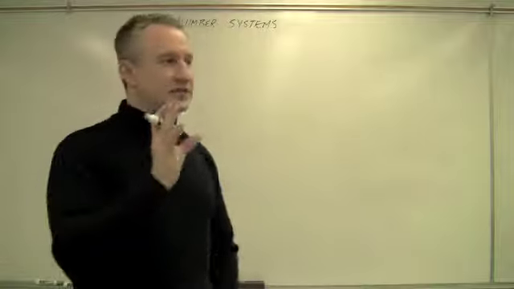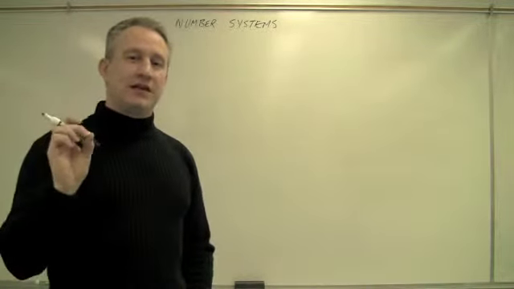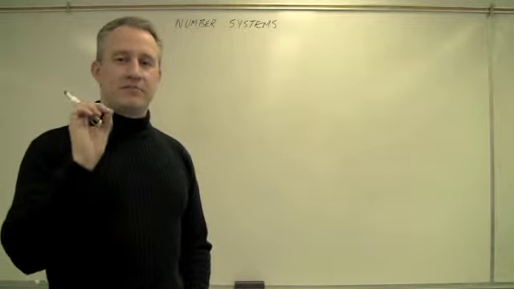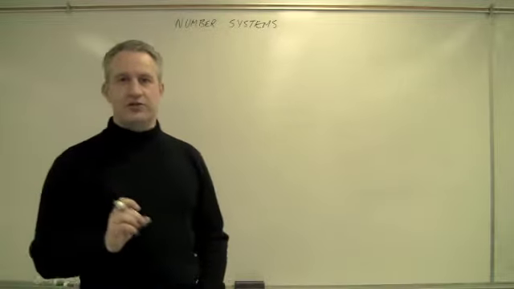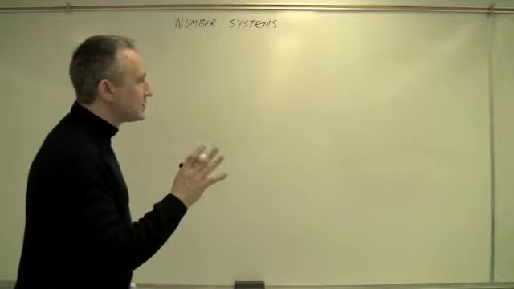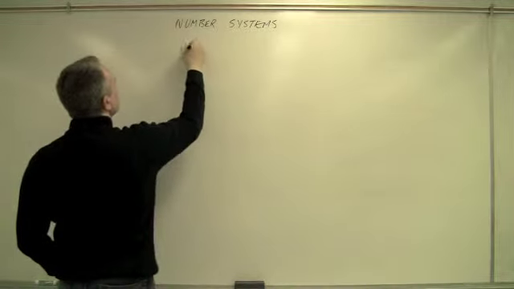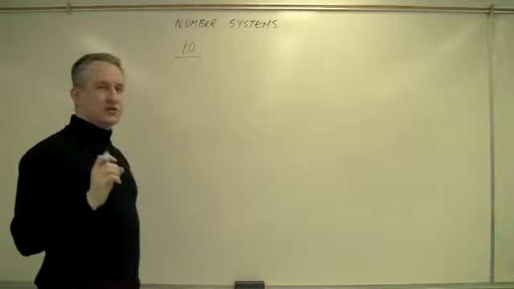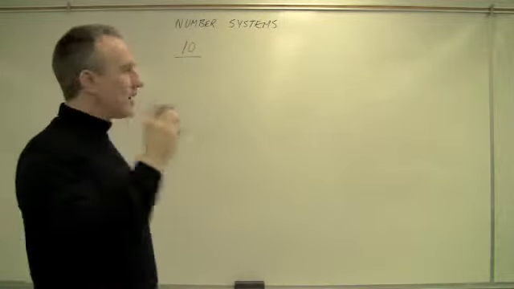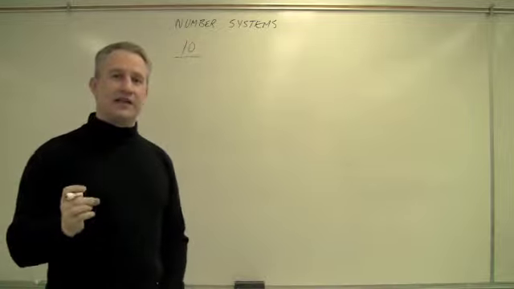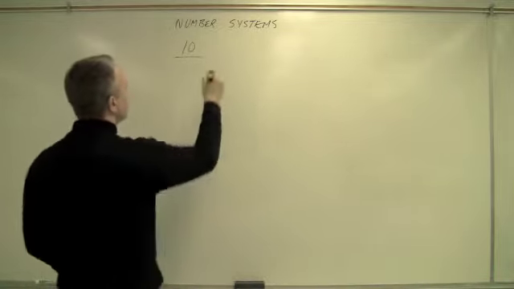What we're going to do is take our decimal number, whatever it happens to be that we're converting, and repeatedly divide it by the base of the number system that we're trying to convert to. So if, for example, I want to convert decimal 10 into binary, I'm going to repeatedly divide it by 2. That's the base that I want to convert it into.